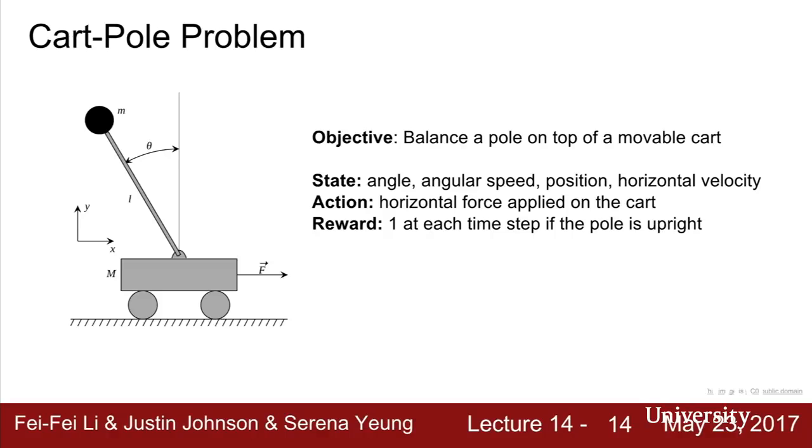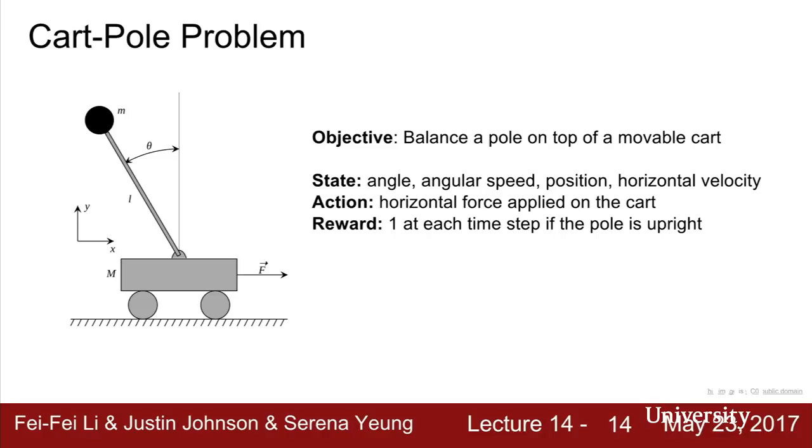So let's see some examples of this. First we have here the cart-pole problem, which is a classic problem that some of you may have seen in, for example, 229 before. The objective here is that you want to balance a pole on top of a movable cart. The state that you have here is your current description of the system. For example, the angular speed of your pole, your position, and the horizontal velocity of your cart.